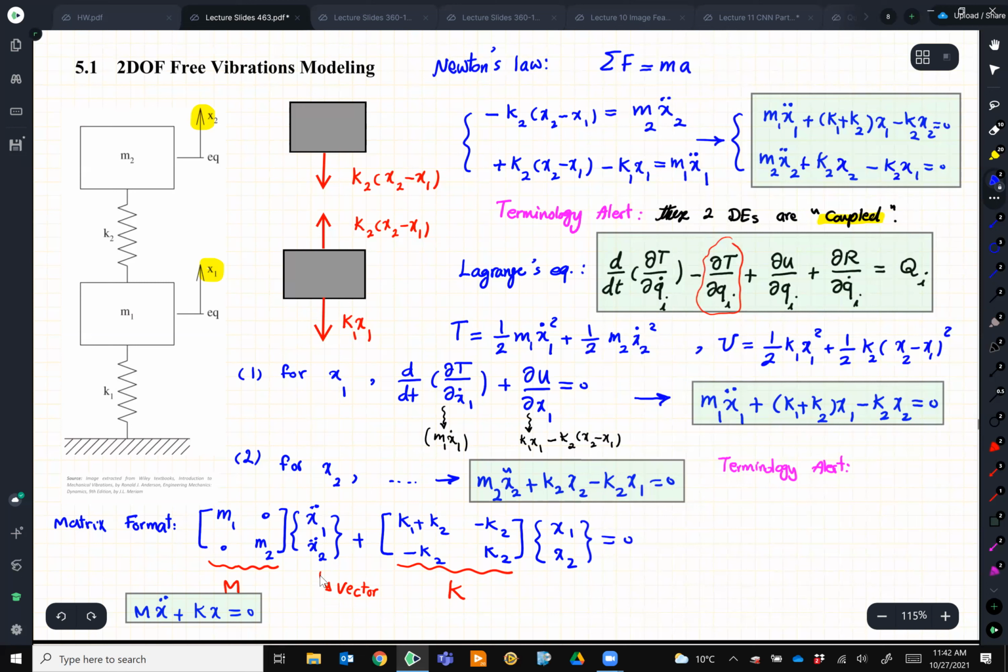Only on the diagonal you have numbers, the rest are zero. So we say that in this system, masses are decoupled, or the mass matrix is decoupled. We say the mass matrix is diagonal.